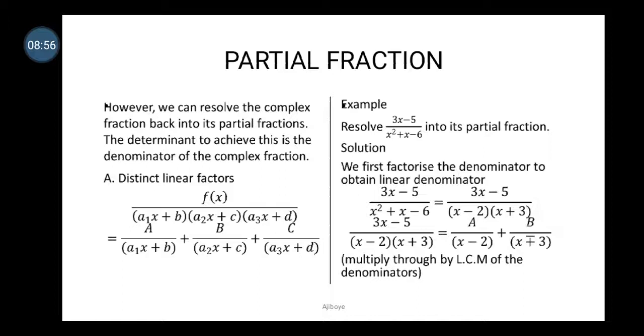Therefore, our complex fraction will be equal to A over x minus 2, the first linear factor, plus B over x plus 3, the second linear factor of the denominator of the complex fraction. So the next thing to do is to multiply through by the LCM.